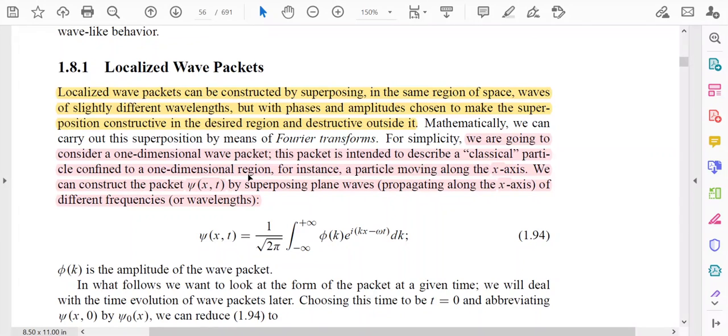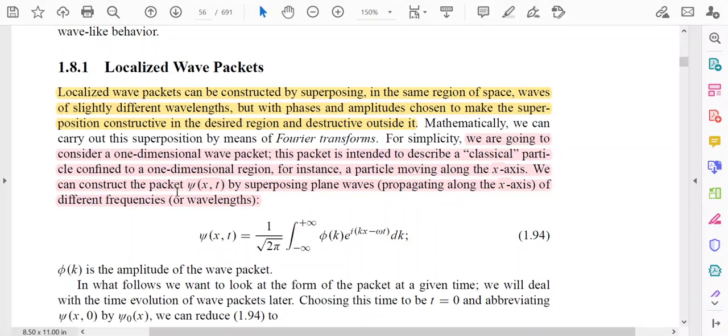That is, the particle can move along a particular axis. Suppose it is moving along the x-axis. So the classical particle is confined in a one-dimensional region, and the particle is moving along the x-axis. We can construct the packet.